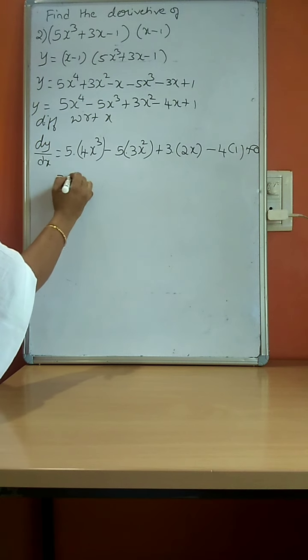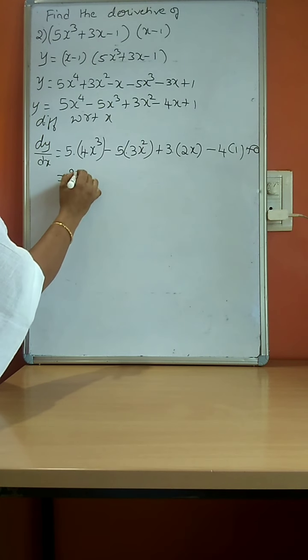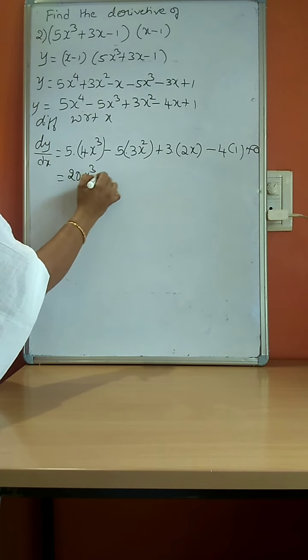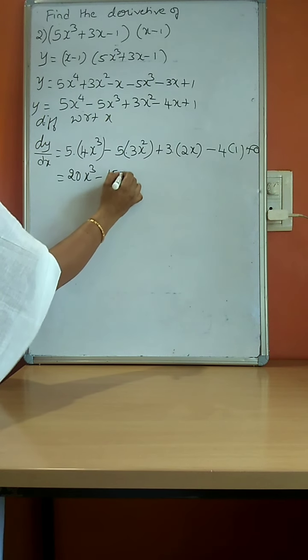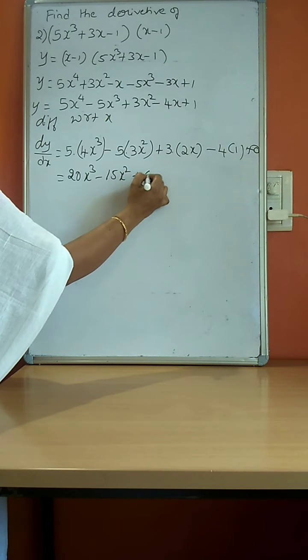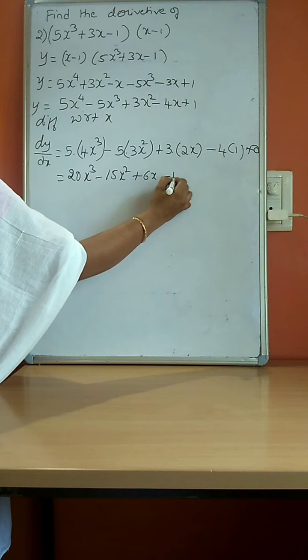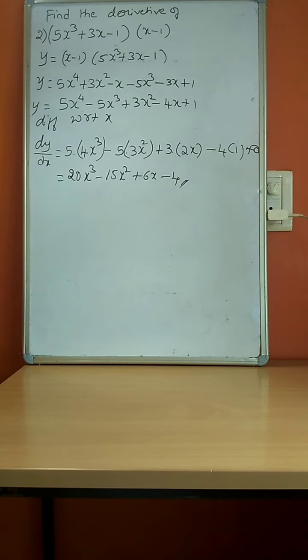This must be equal to 20x cube minus 15x square plus 6x minus 4 is the required solution.